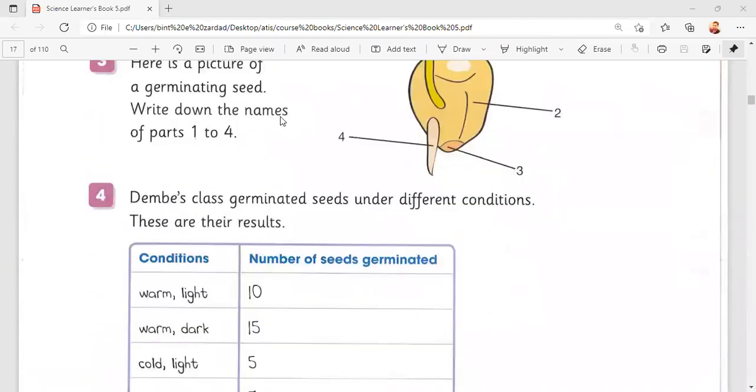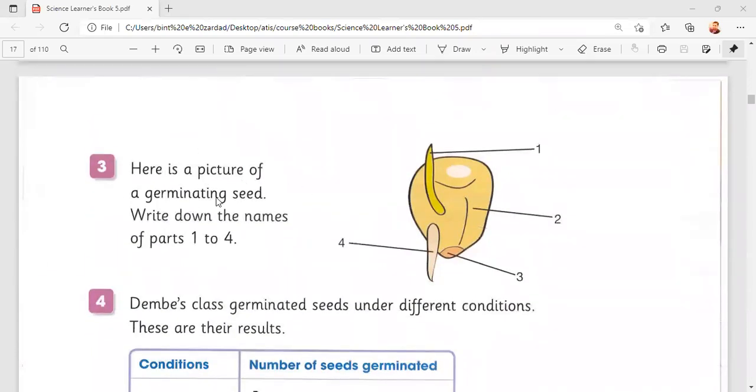After this question, here is a picture of a germinating seed. Write down the name for each part. The first root, the first shoot, seed coat, the outer cover.